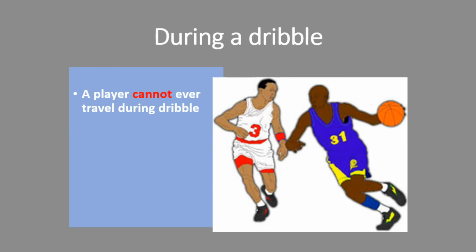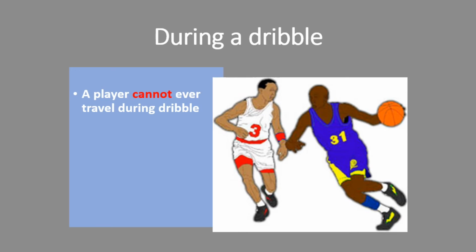And really, this is a basic fundamental. This is in the rules, actually under National Federation rules. This is a rules fundamental. A player can never, ever, and I hate to say never, and I sometimes hate to say always, travel while in an active dribble.